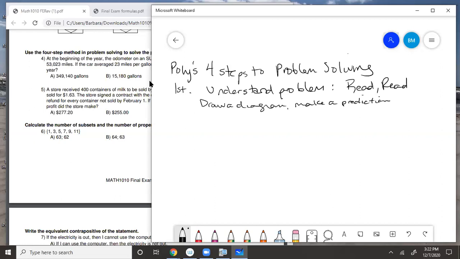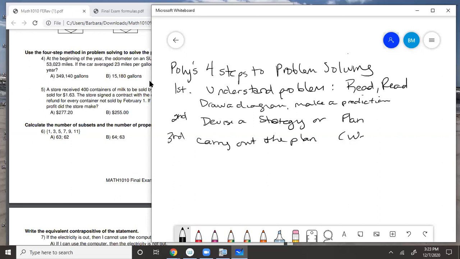And then the second is to devise a strategy or make a plan. And then the third is to actually carry out the plan or your strategy. So this is where all the work goes into the problem.